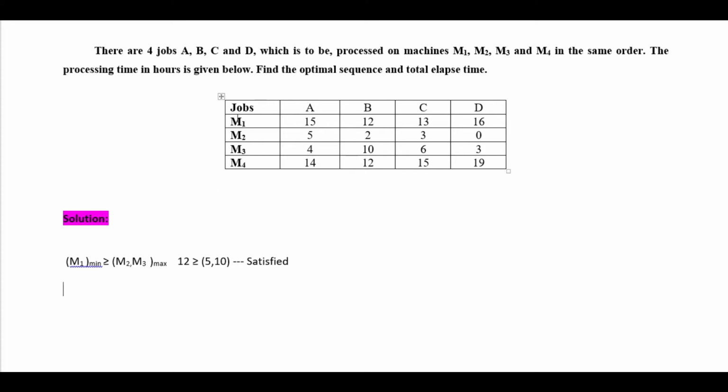So now we have seen the inequality for the first machine. Similarly we have to check the inequality condition for the last machine, I mean the mth machine. In this problem the mth machine is M4, I mean the fourth machine.